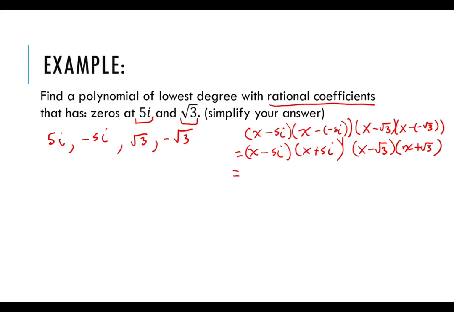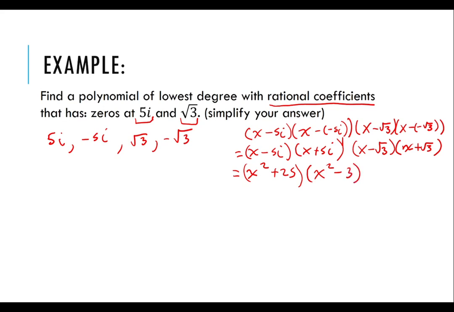x minus 5i times x plus 5i, you can FOIL it and see that the inner and outer terms cancel, but we can jump directly to the fact that this is really x squared plus 25, times x minus root 3 times x plus root 3. The same thing happens. You can multiply it out via FOIL and you'll see that the inner and outer terms cancel, but you could jump directly to the fact that this is x squared minus the square root of 3 squared, or 3.